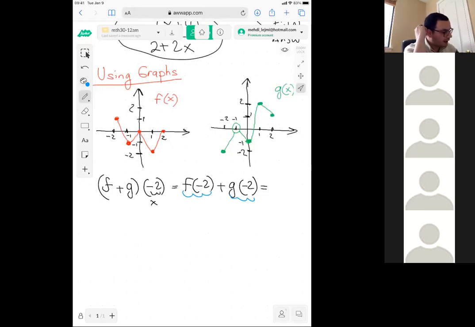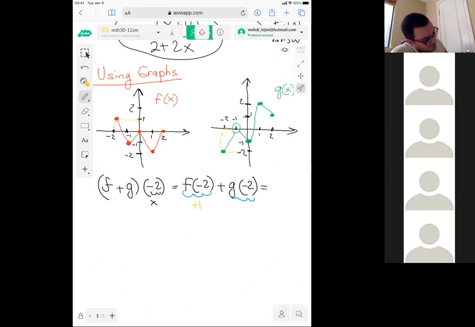For example, f of -2, here's my -2, so f of -2 would be +1. And for g of -2, here's my -2, my x equals -2. So g of -2 would be, you go down here, that corresponds to -2.